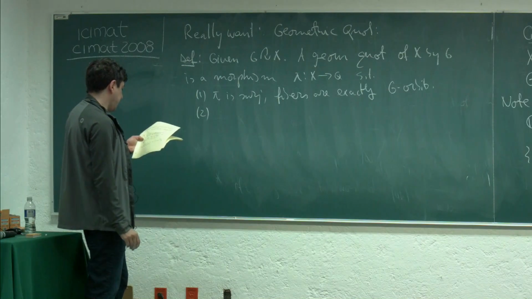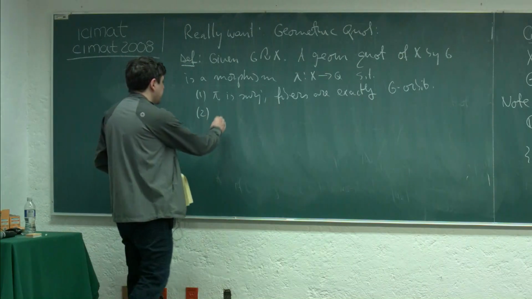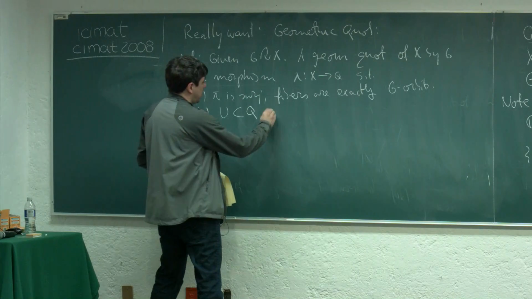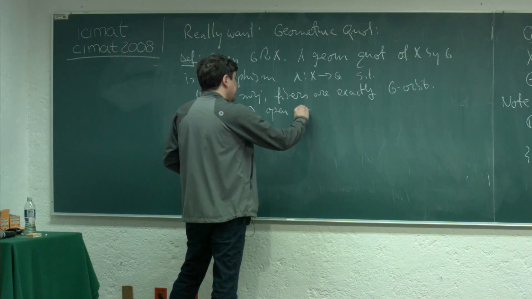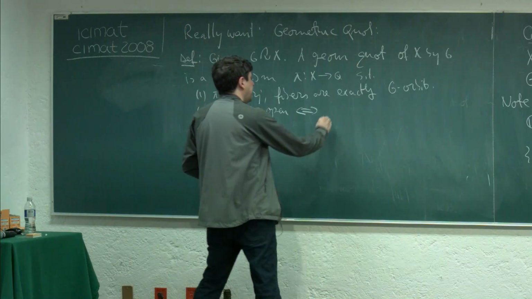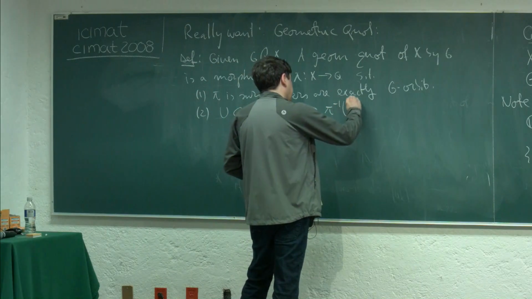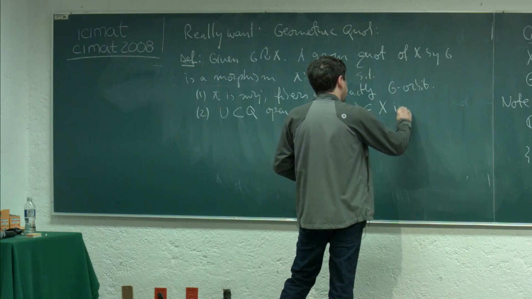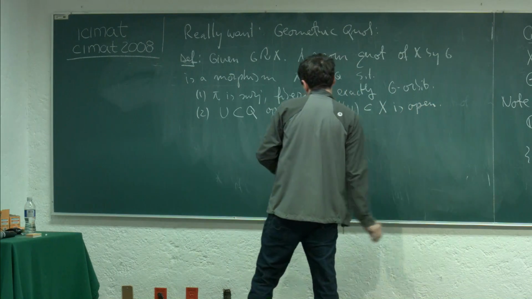The second thing is that if I have some U inside Q, U is open if and only if pi inverse of U inside X is open.